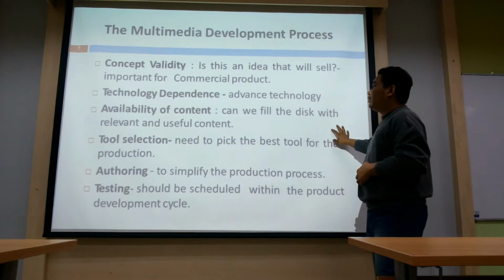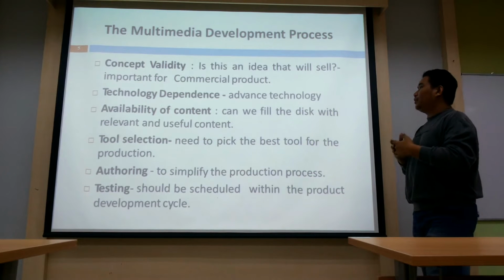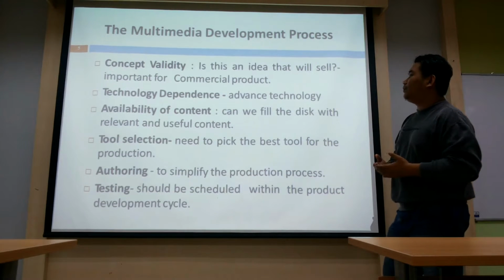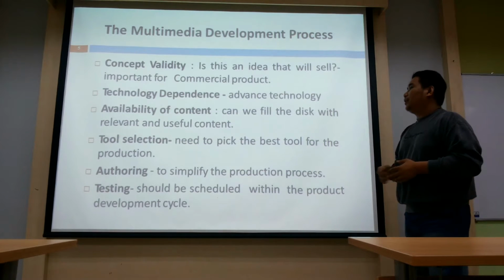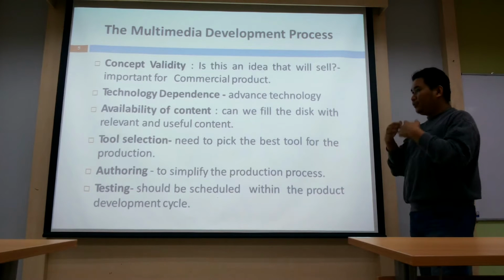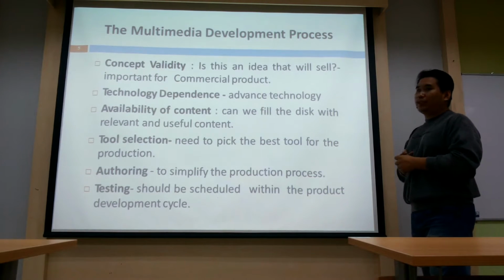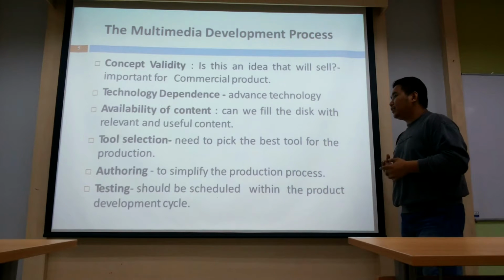The third one is availability of content, through the argument of whether we can fill the list with relevant and useful content on every product. And next is tool selection, whether we need to pick the best tool for the production for the final execution.